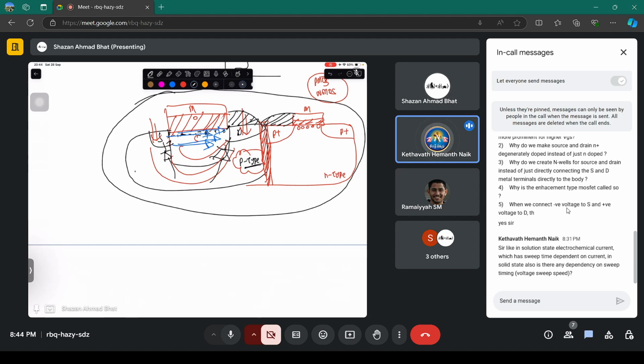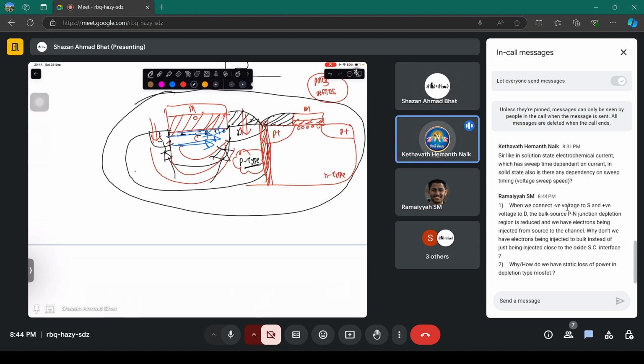Hello, sir. Due to some internet issue, I didn't hear the answer properly. What if, in solid state, I do IV measurements and I get some noise or some high current if I sweep very fast, and if I sweep very slowly, the current is a little less?